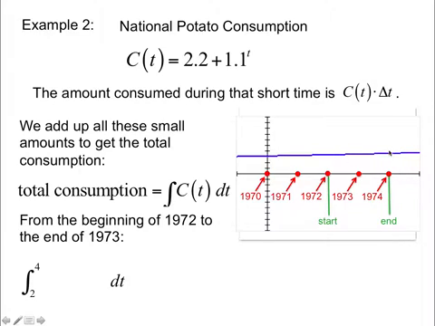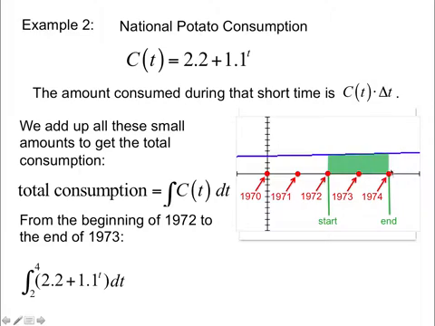So this is the region that we're concerned about accumulating and finding the area of. This region is going to give us then the number of millions of bushels of potato we ate in that 2-year period. So we're going to integrate this, and we could integrate this by hand if you remember that e to the x, the different bases, and how we differentiated that. If not, don't worry about it. This is a calculator question.